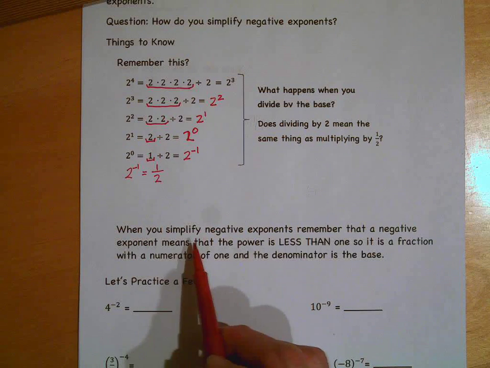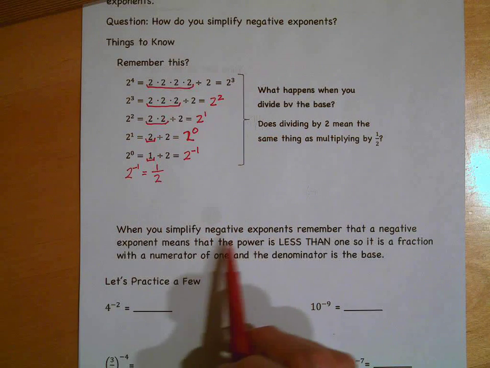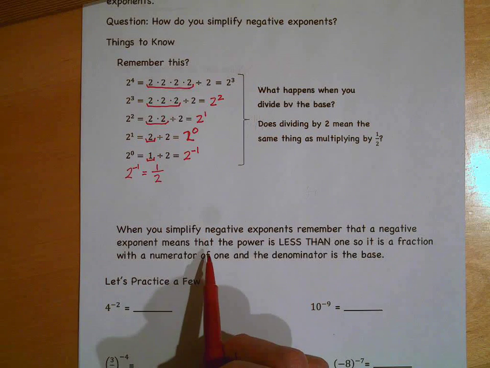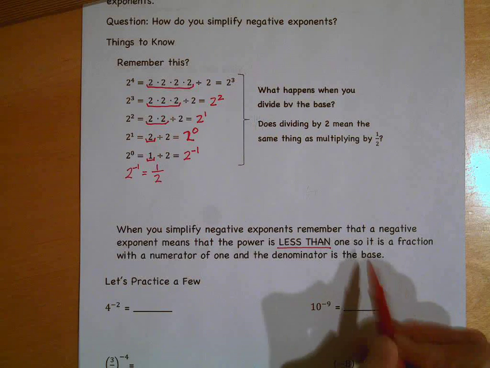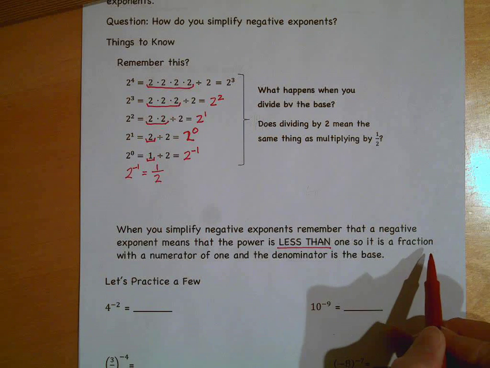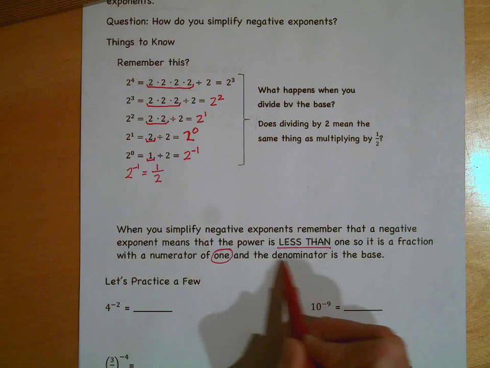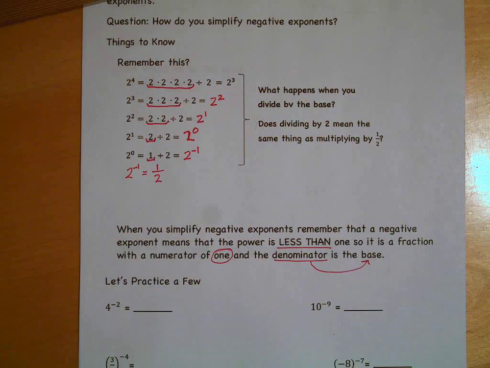So right here we have, when simplifying negative exponents, remember that a negative exponent means that the power is less than 1, so it is a fraction with the numerator of 1 always, and the denominator has to be the base. Okay? And so that's kind of handy to help us understand what it means when you have a negative exponent.